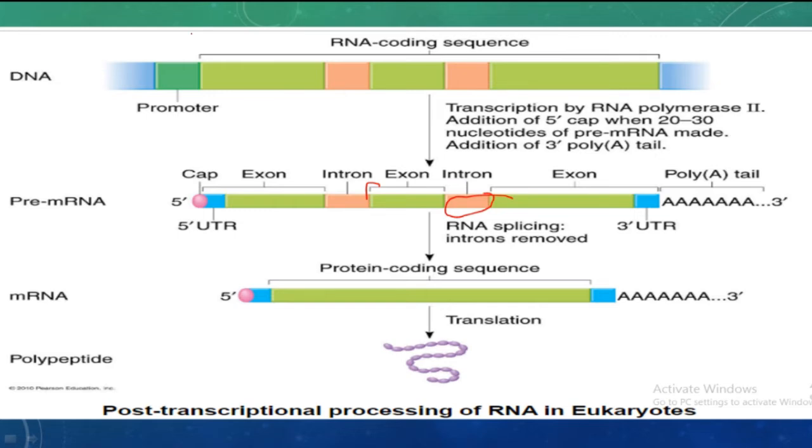In the mRNA sequence, at the 3' end the poly-A tail is added, and at the 5' end is what we call the 5' cap, because eukaryotic mRNA has a residue of 7-methylguanosine linked at the 5' terminal. So these three kinds of modification happen during mRNA processing.